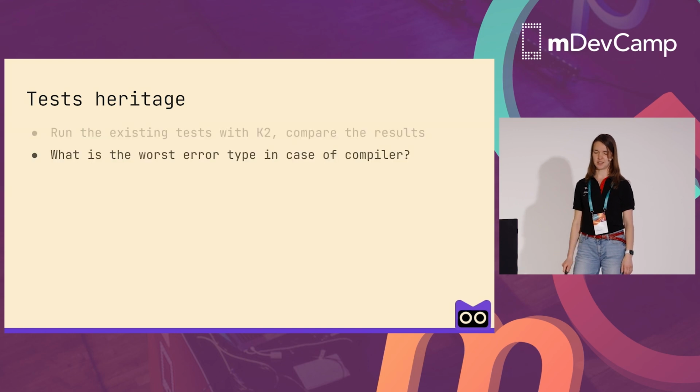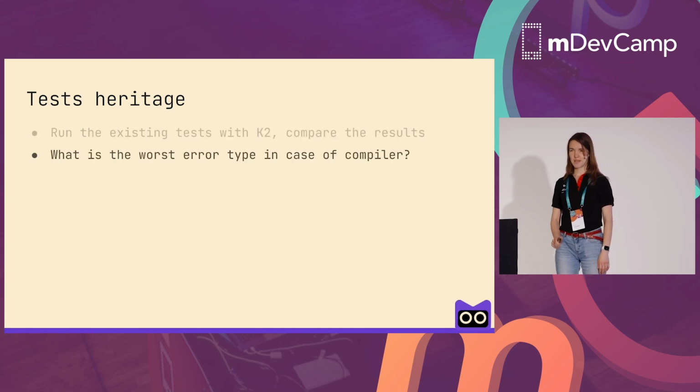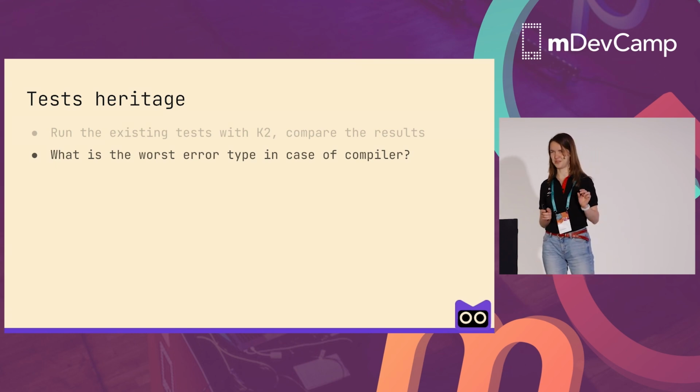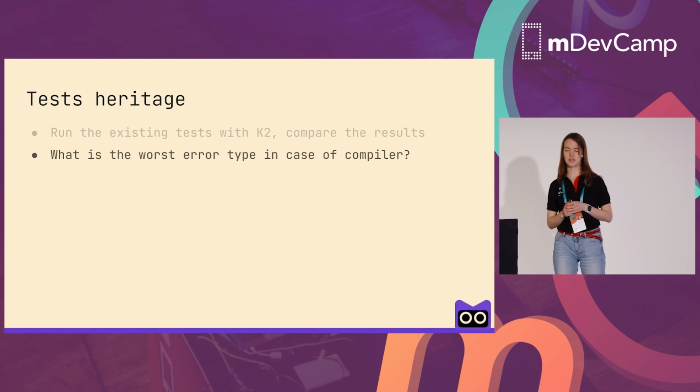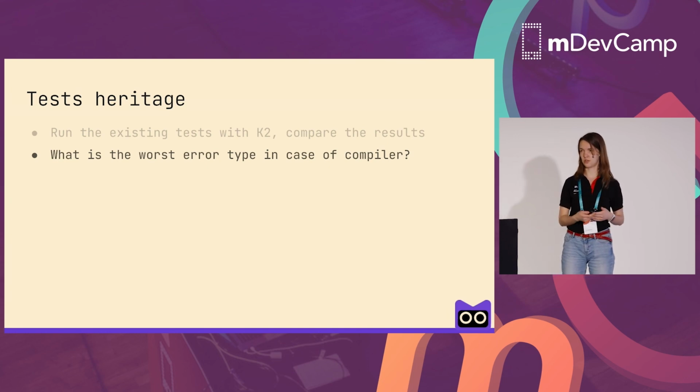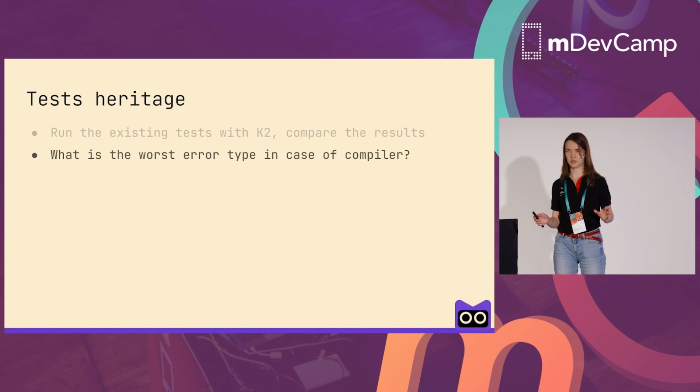The thing is that we have 280,000 tests in the compiler. And that's not the only specific thing about it. The thing is that compiler errors may be really different.